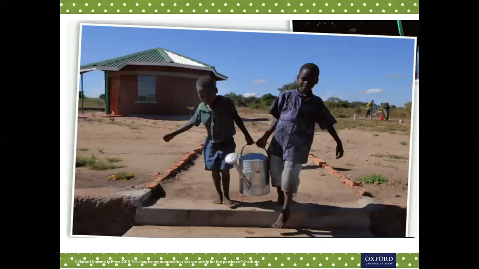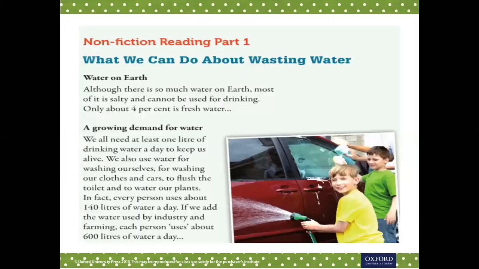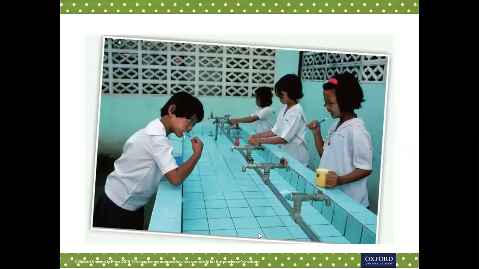These two children are carrying a garden bucket, which they use to give water to the plants, and it's not wasting water. This is saving water. This one is wasting water, using this hose to wash the car and to give water to the plants is wasting water. Is it clear?